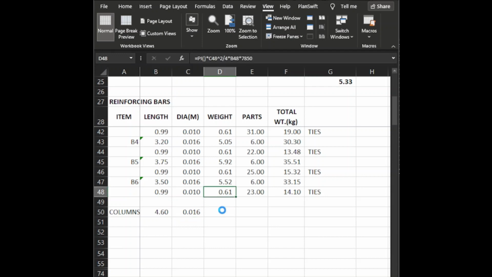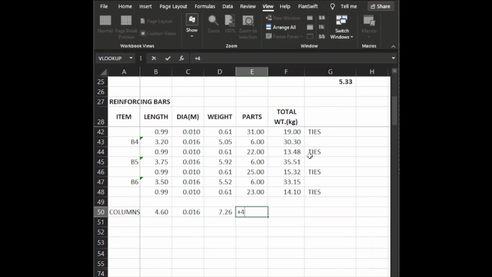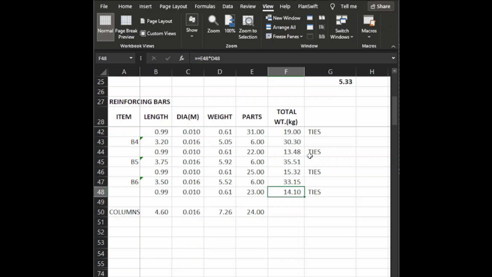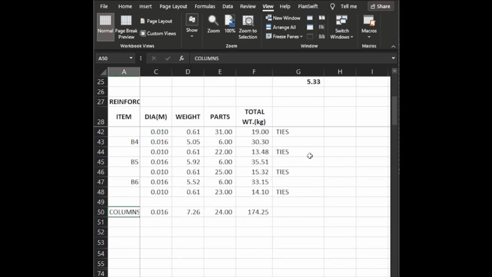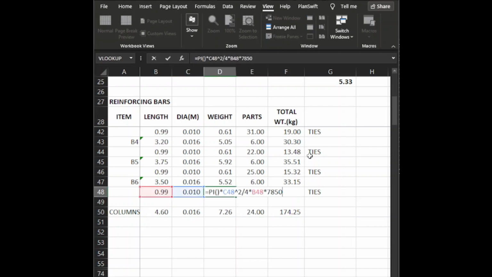Then the number of parts is 4 times 6. Okay, 6 because the number of columns is 6, so the weight is 174. Okay, the weight, guys, I just follow this formula so that you can just copy this one down.